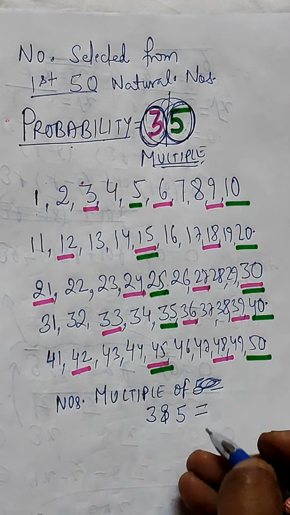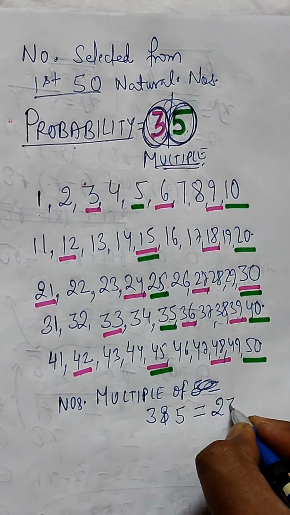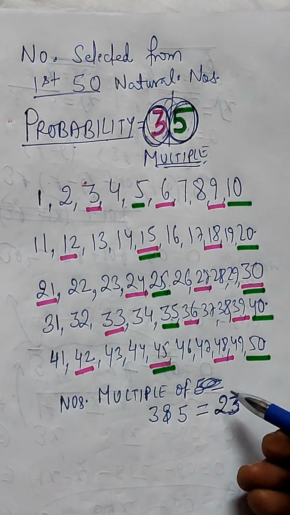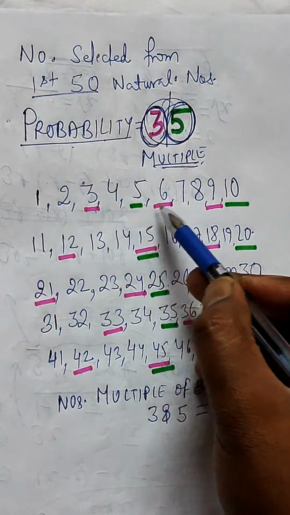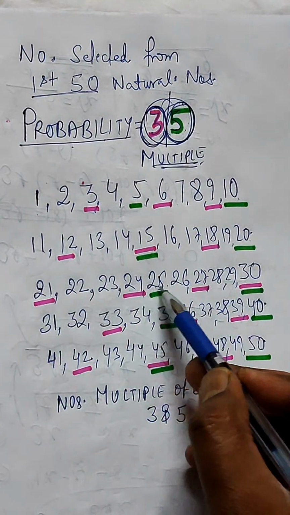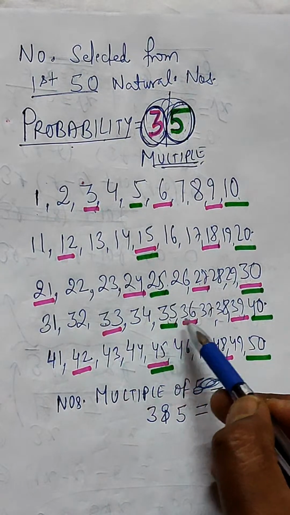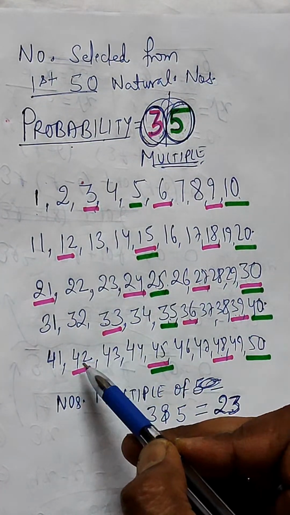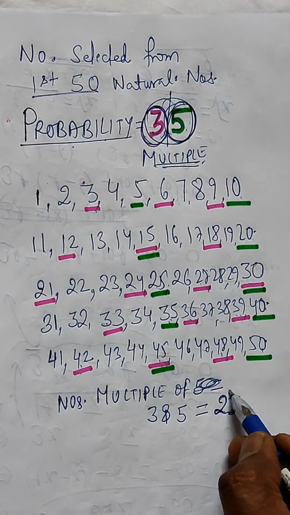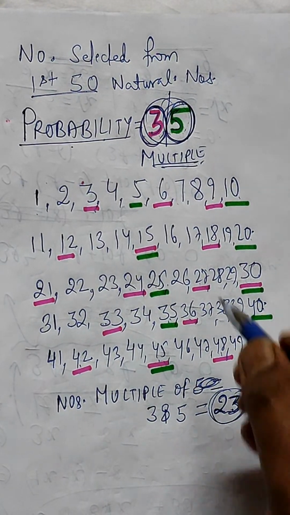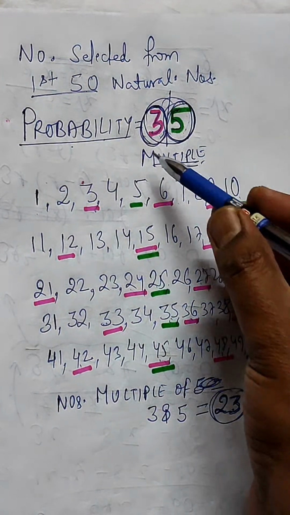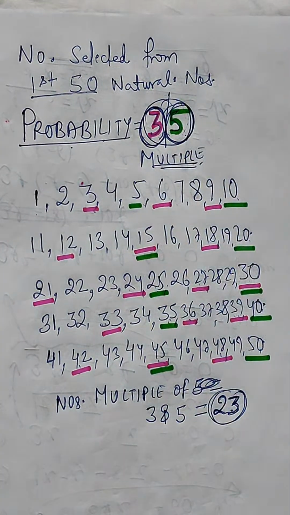So there are 23 numbers. So there are 23 such numbers within the first 50 natural numbers which are a multiple of 3 or a multiple of 5.